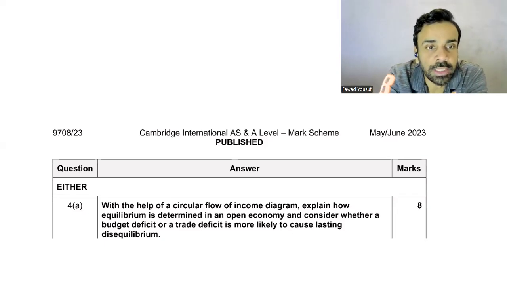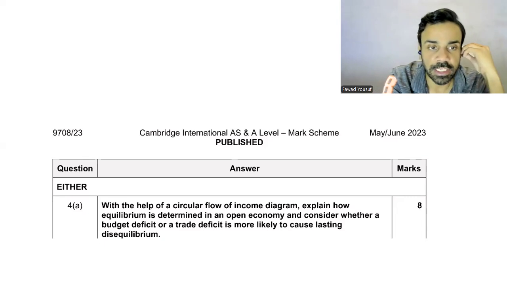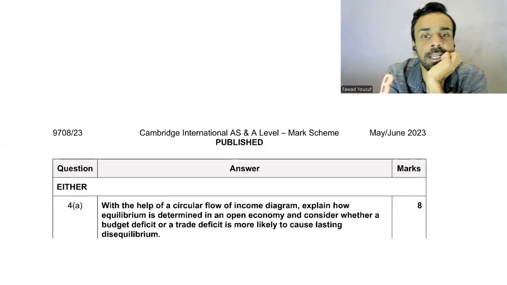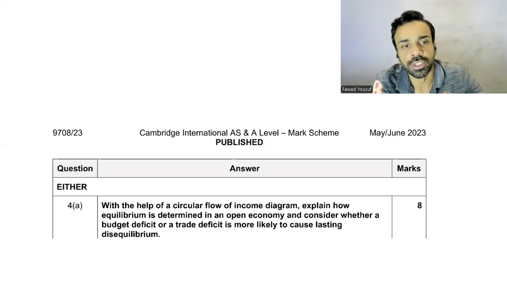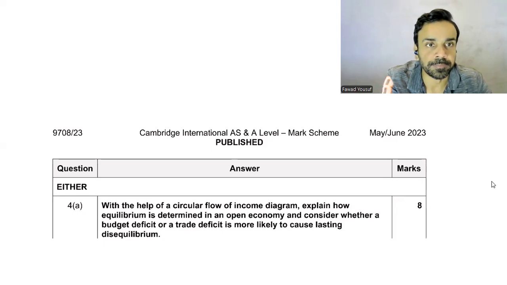So it says, with the help of a circular flow of income diagram, explain how equilibrium is determined in an open economy. Okay, and consider whether a budget deficit or a trade deficit is more likely to cause lasting disequilibrium.